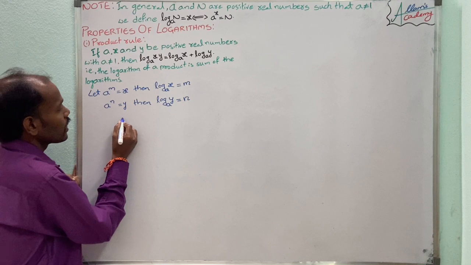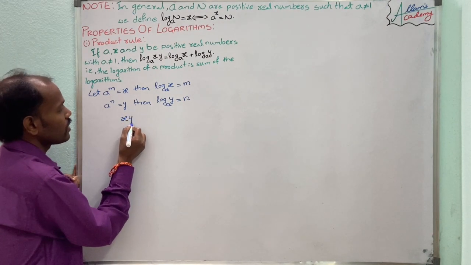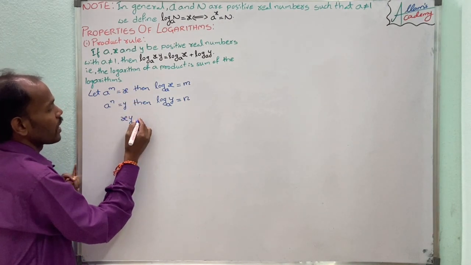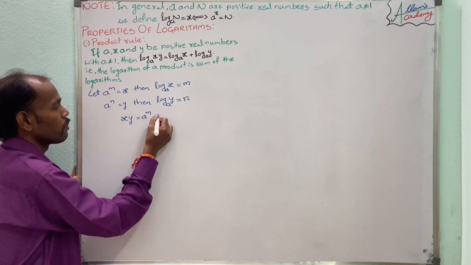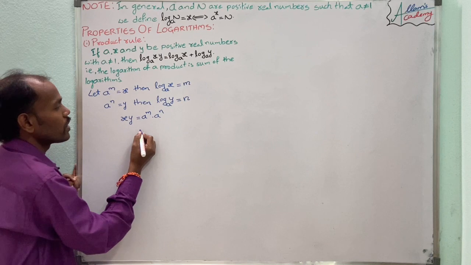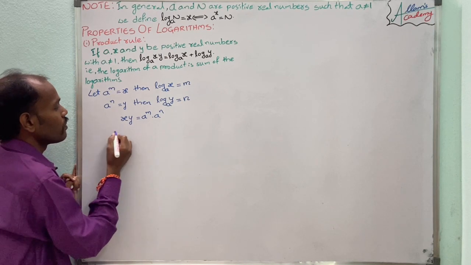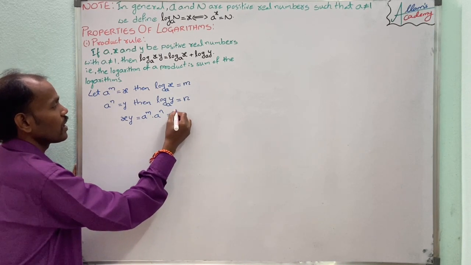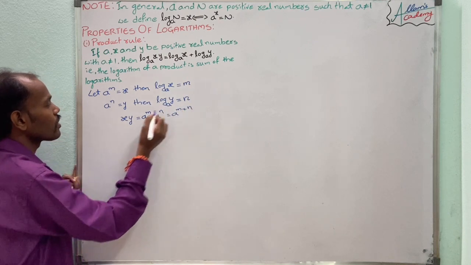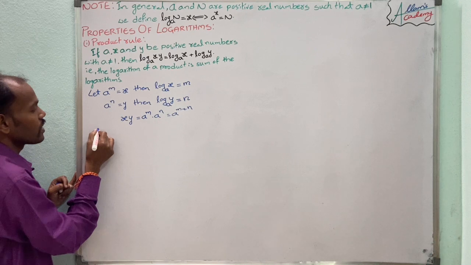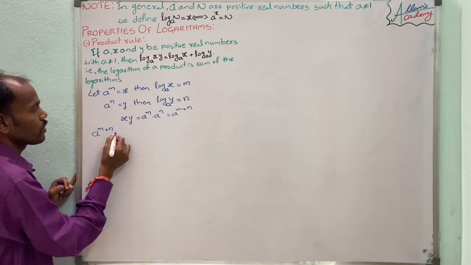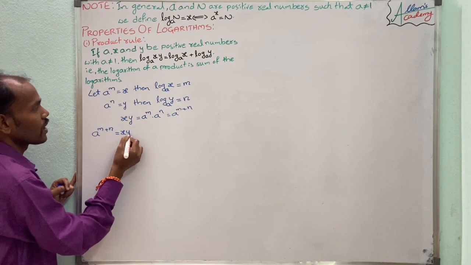So by exponent laws, the product of x and y equals a power m into a power n, and we know that is a power m plus n. So a power m plus n is equal to xy.